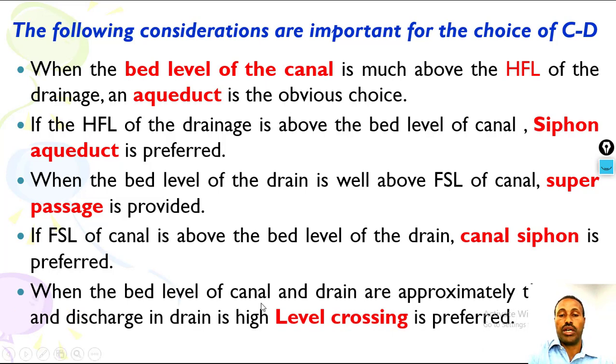When the bed levels of the canal and drain are approximately the same and the discharge in the drain is high, a level crossing is preferred. So these are the basic considerations for the choice of CD work. When the relative bed levels are compared, you can select an aqueduct, siphon aqueduct, super passage, canal siphon, or level crossing.